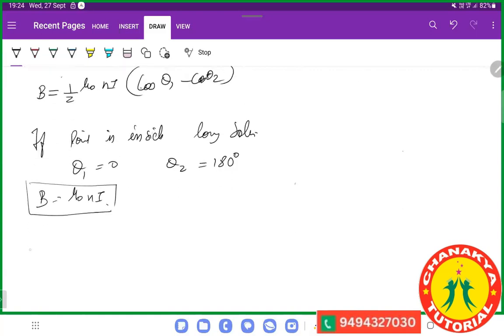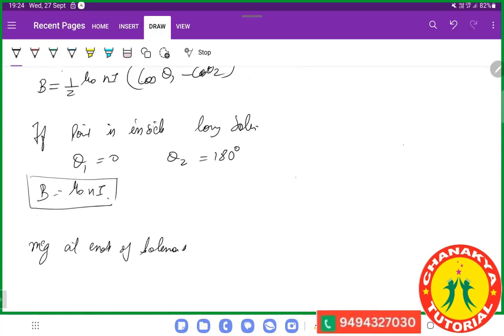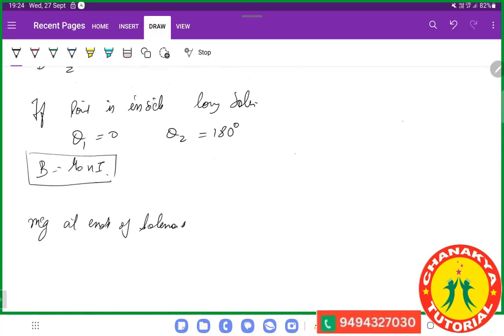Now, the magnetic field at the ends of the solenoid. If theta 1 equals 0 and theta 2 is 90 degrees, then cos theta 1 is 1 and cos theta 2 is 0.